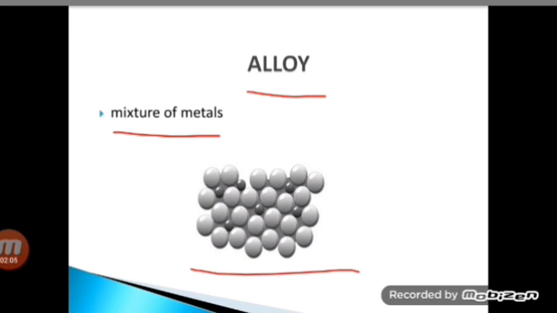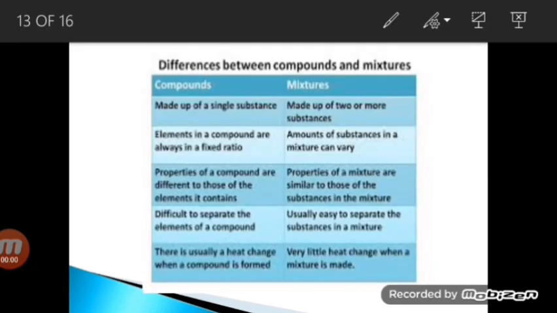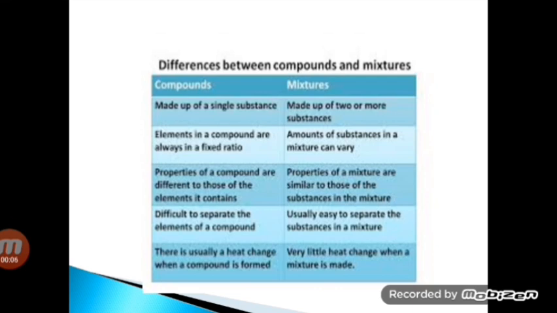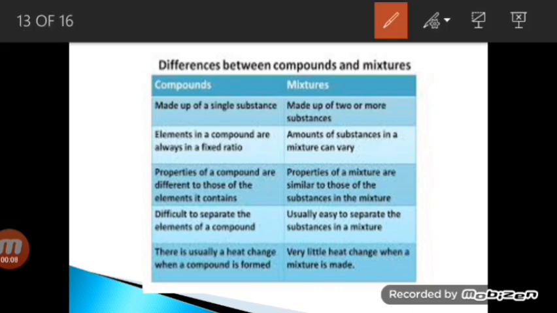So next is the difference between compounds and mixtures. Compounds are made up of single substances, whereas mixtures can be made up of two or more substances. Elements are always in a fixed ratio in a compound, whereas there is no specific ratio in mixtures, and the ratio will be variable.